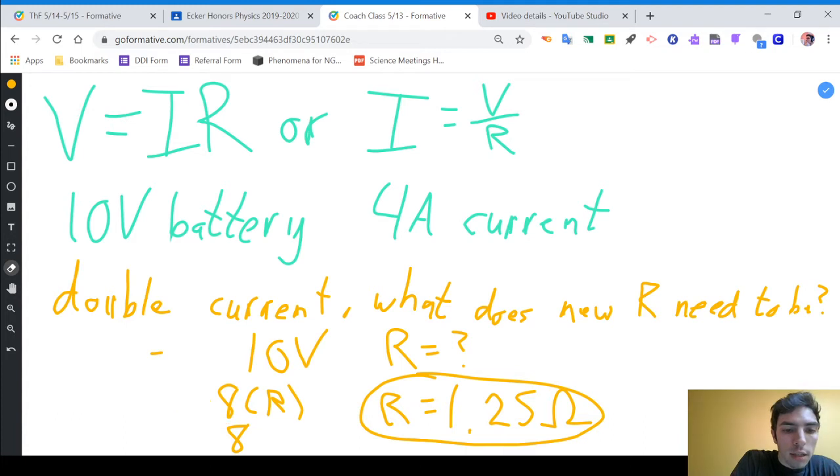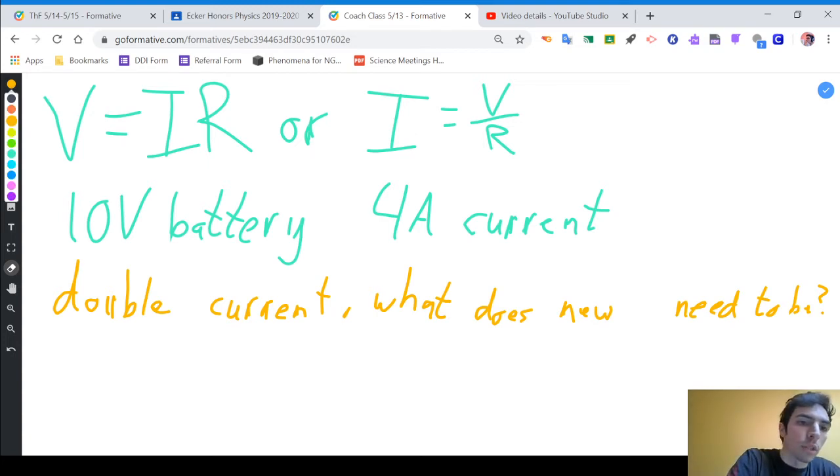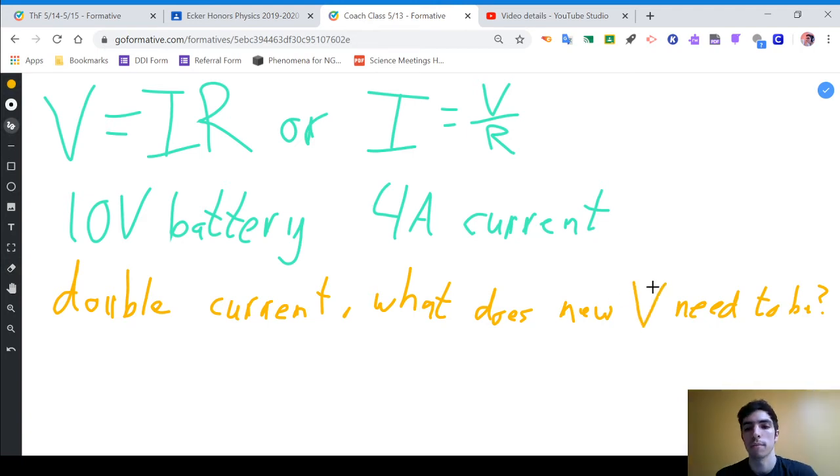So let's say instead that we wanted to double the current by changing the voltage provided to the circuit. So now we're leaving whatever light bulb or application is providing resistance to our circuit, we're not changing that.